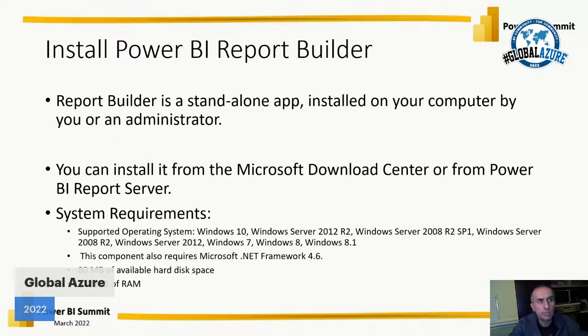To install Power BI Report Builder, you need to load it from Microsoft Download Center or from Power BI Report Server. Power BI Report Builder supports most versions of Windows, starting from Windows 7 and Windows Server 2012 and all newer versions, and it also requires Microsoft .NET Framework 4.6 installed.